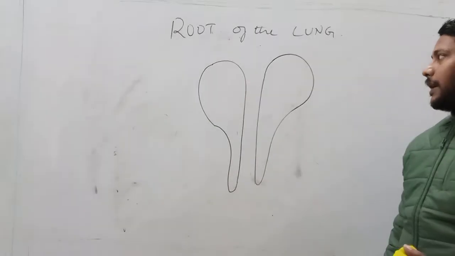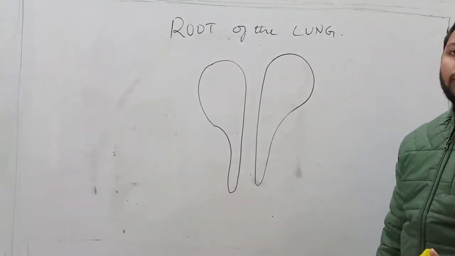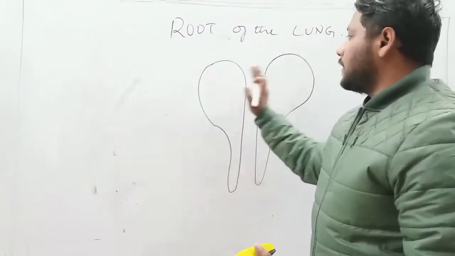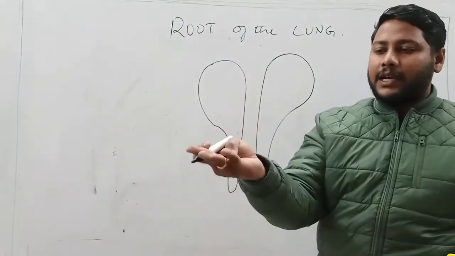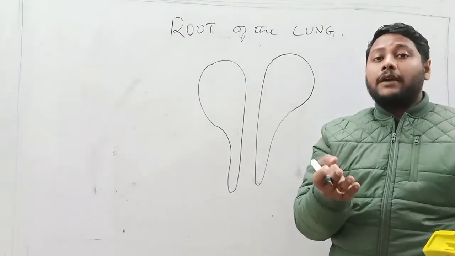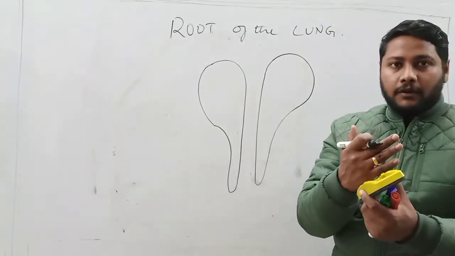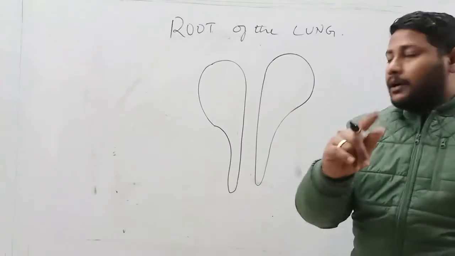Now here, what you have to understand and know is all the structures which are present in the root of the lung. Basically the bronchus, the arteries and the veins, you have to remember the position and the arrangement. So always remember the diagram.